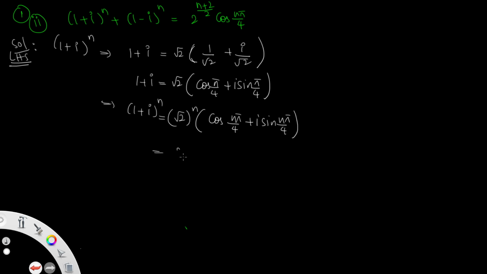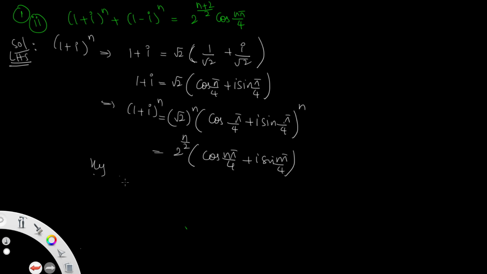That is nothing but 2 to the power of n by 2 (cos n pi by 4 plus i sin n pi by 4). So that is (1 plus i) to the power of n.